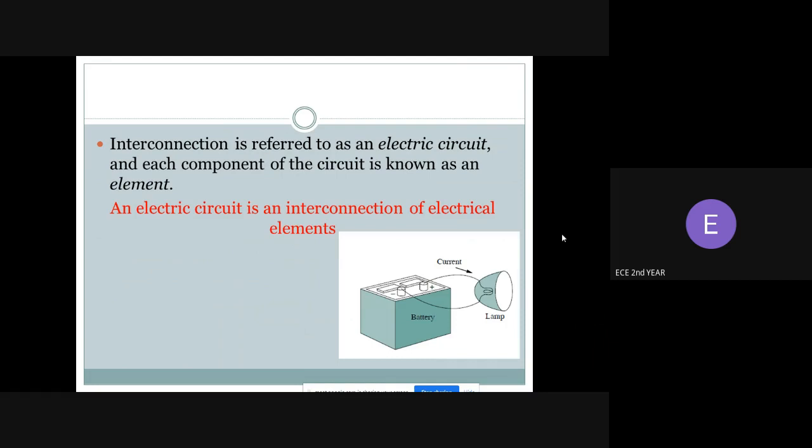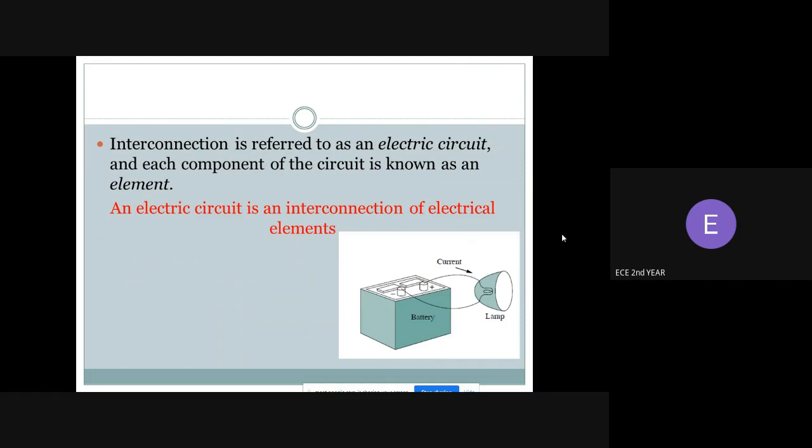For this, we require electrical interconnections between circuit components. The interconnection is referred to as an electric circuit, and each component of this circuit is known as an element. So each component in a circuit, we can call an element. An electrical circuit is an interconnection of electrical elements.